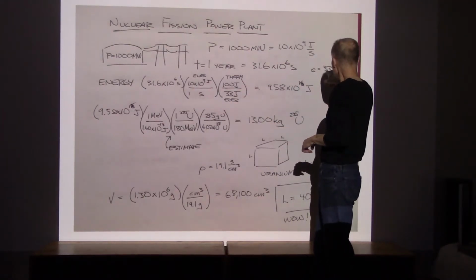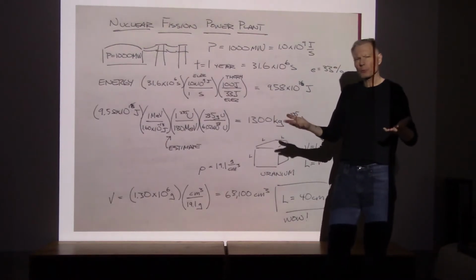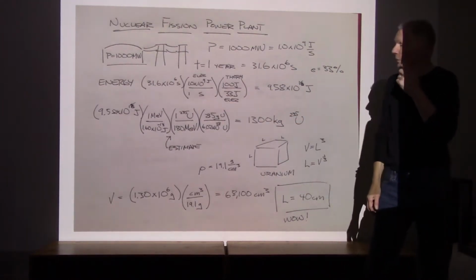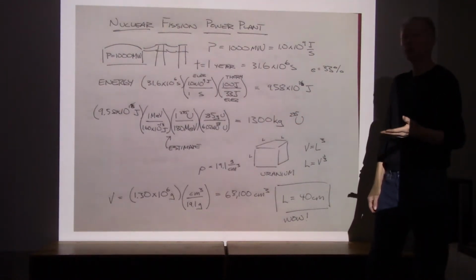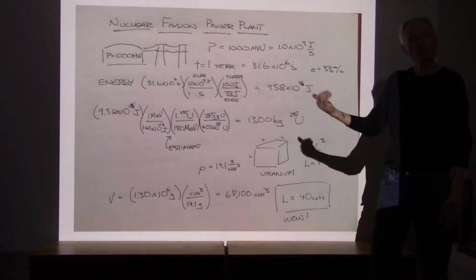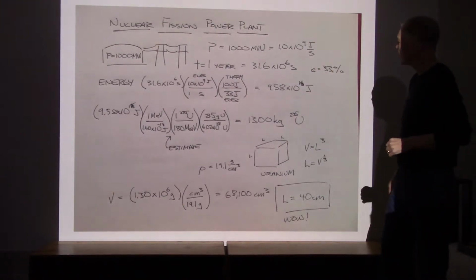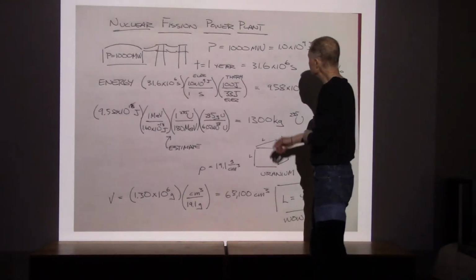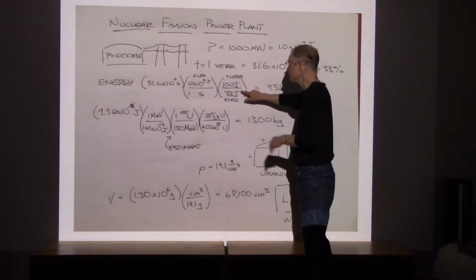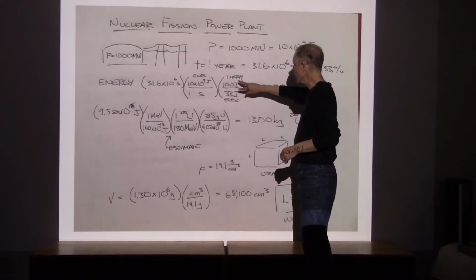A 33% efficiency rating says, in order to generate 33 joules of electricity, I need to generate 100 joules of thermal energy. So what this power plant's doing is just generating a bunch of thermal energy, right? And that's how I make sure that I get this ratio right.